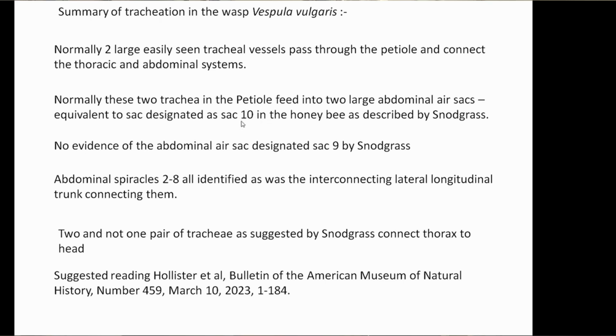Normally these tracheae feed into what is designated sac 10 by Snodgrass. We couldn't see Snodgrass's sac 9. We were able to identify all the abdominal spiracles.